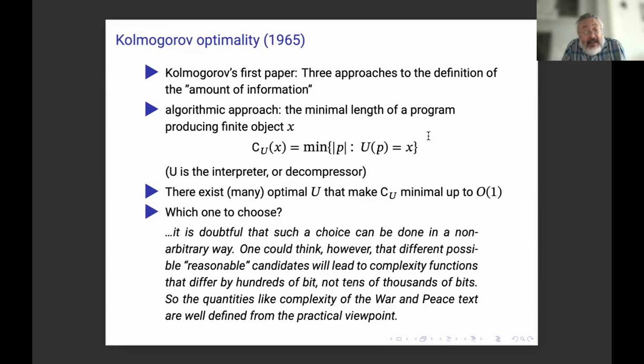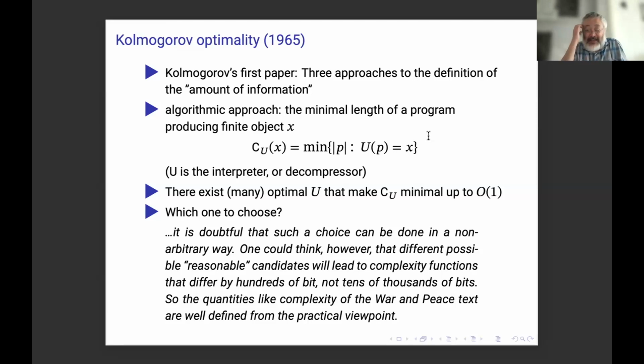And he said, and this is mostly what we think now, that it's not clear how to make this choice, and we can have different possibilities, going from some natural common programming language, where hundreds of bits still looks a bit optimistic.